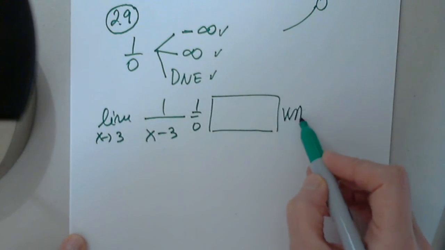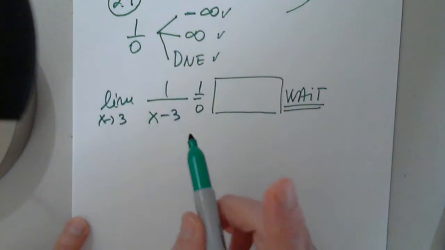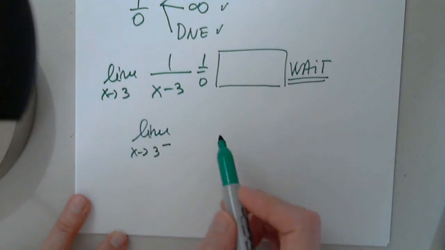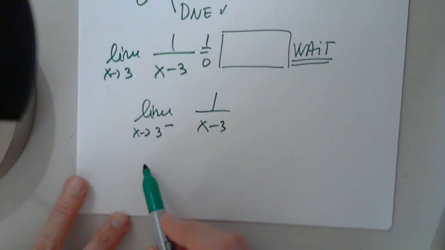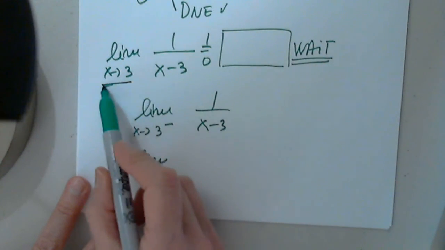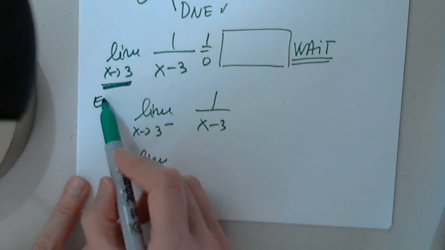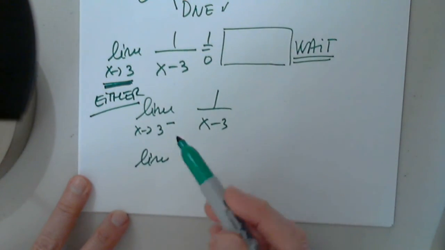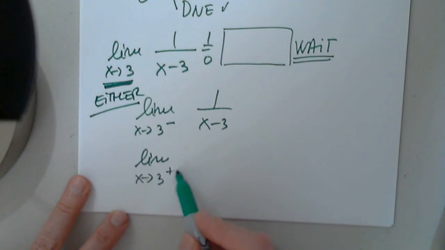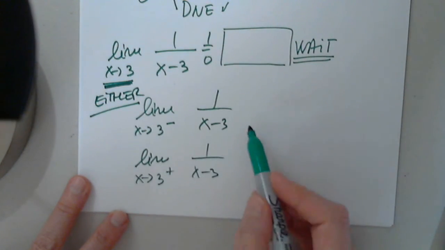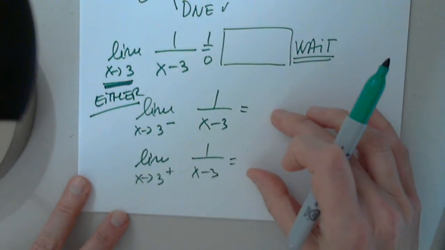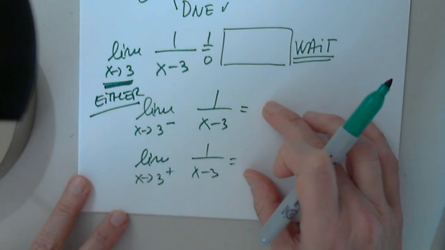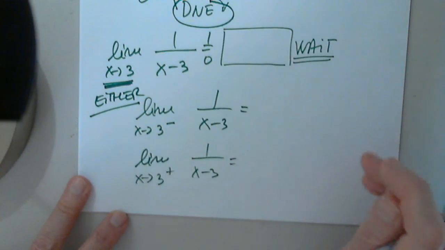I have to calculate the limit as x approaches 3 from the left, and the limit as x approaches 3 from the right of 1 over x minus 3, because this is from either side. If these two are the same, then I write what it is. If these two are not the same, then I have to write DNE.